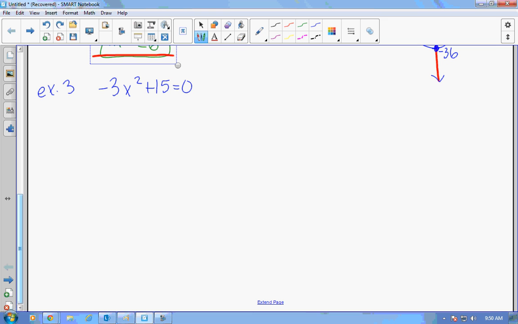It's a rounded, approximated value. Good. Does this one come out nicely? No. But we can approximate the decimal to where we would graph it. For your answer for the x-intercepts, you should put the exact value. The exact value would be in square root form. So minus 15, minus 3x squared equals negative 15.